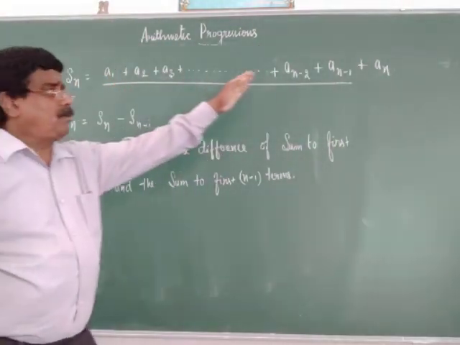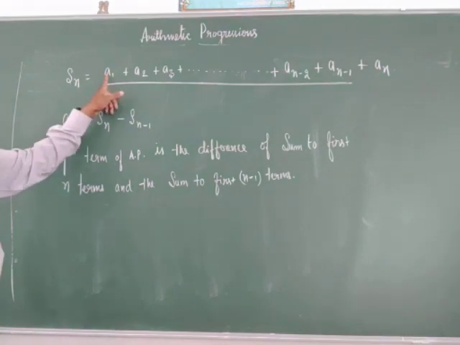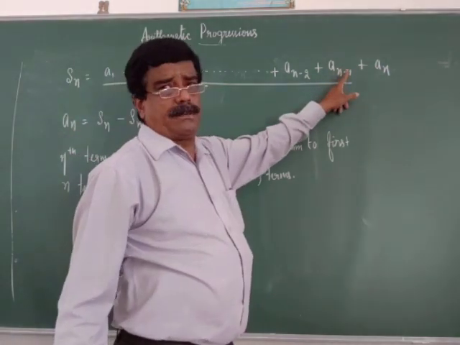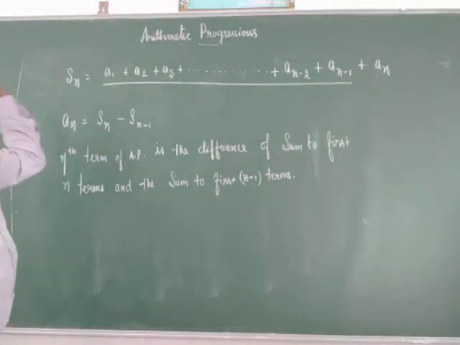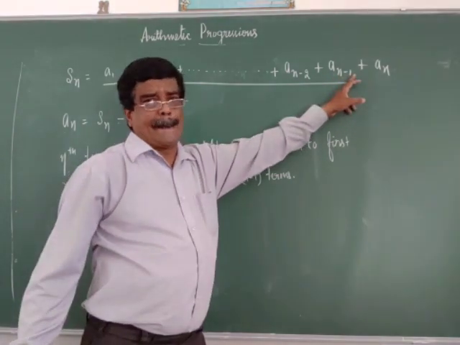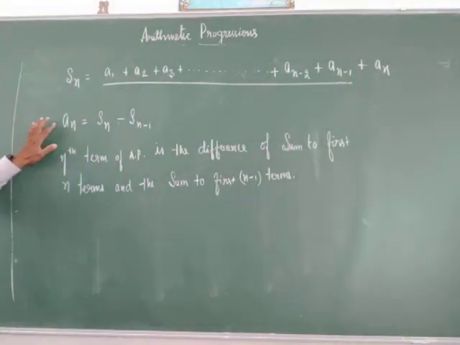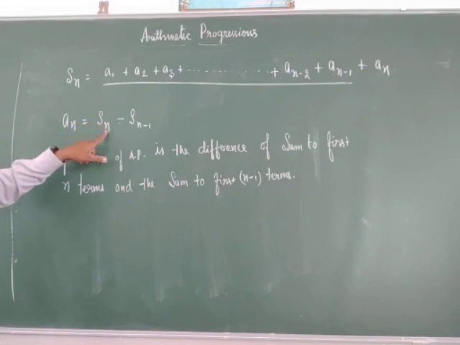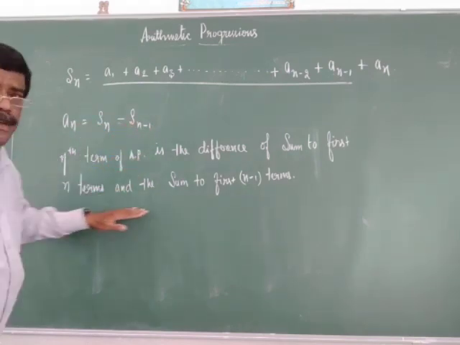So if you subtract all these, that is nothing but A1, A2, A3, the sum to n minus 1 terms. If you shift that side, it becomes minus Sn minus 1. So if you want to get the nth term of an AP, the nth term of AP is nothing but the difference of the sum to n terms and the sum to n minus 1 terms, that we have written in words.